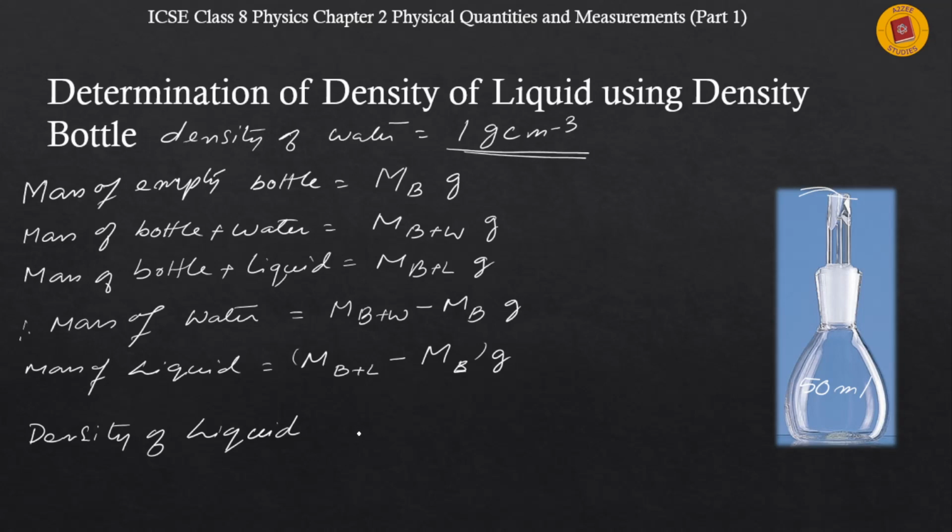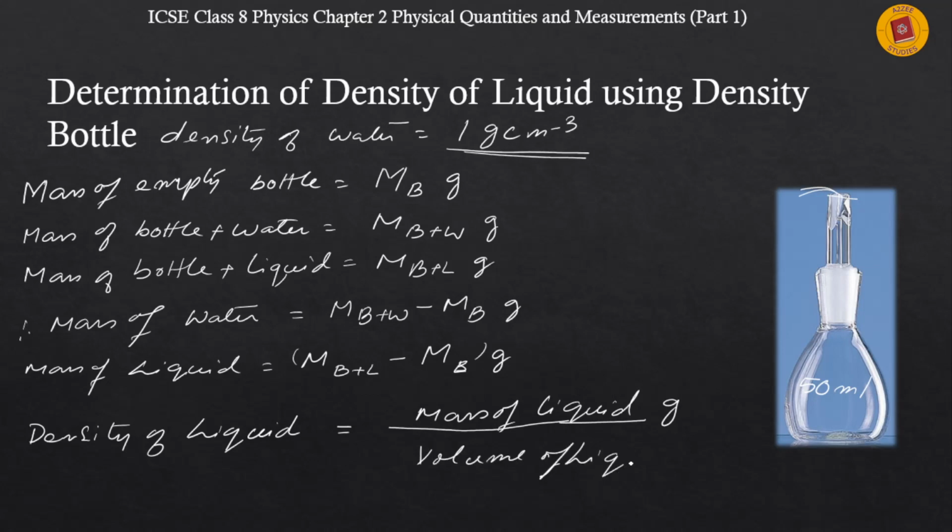Now density of liquid is equal to mass of liquid in grams divided by volume of liquid in centimeter cube, right?